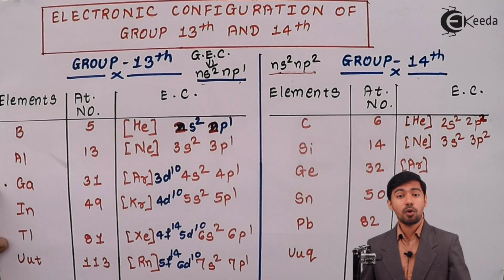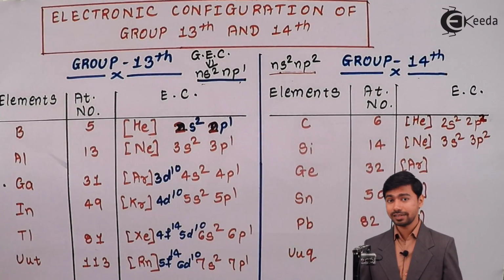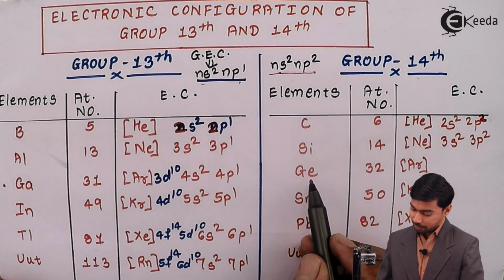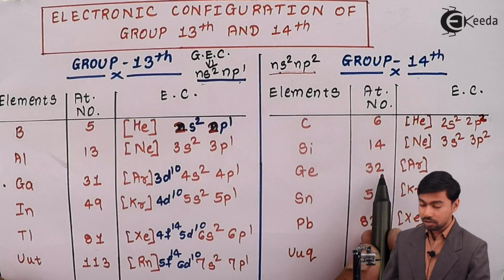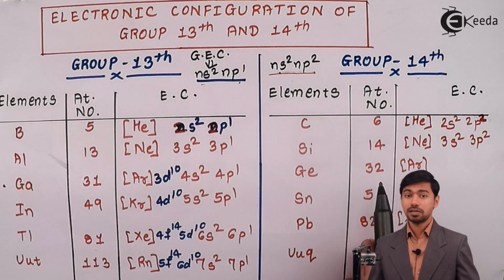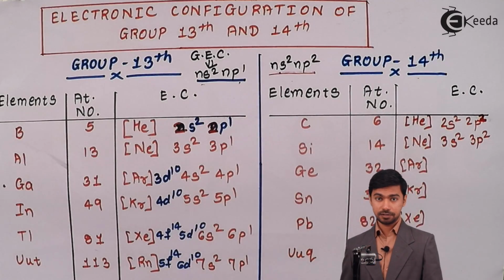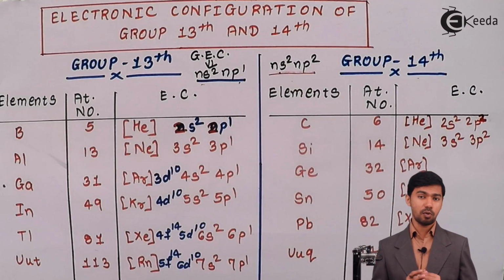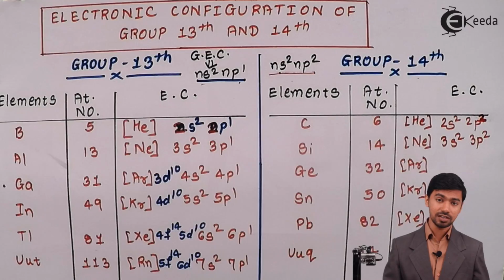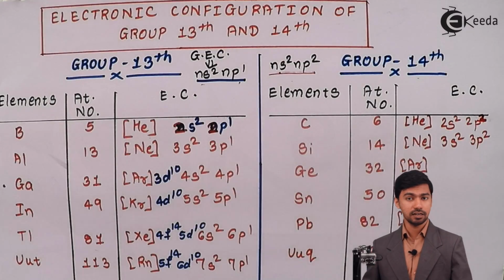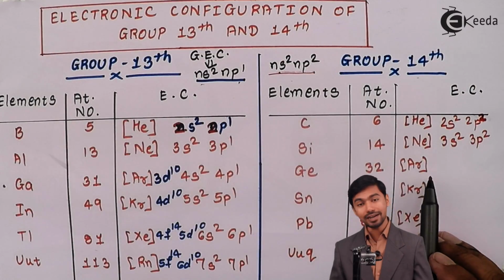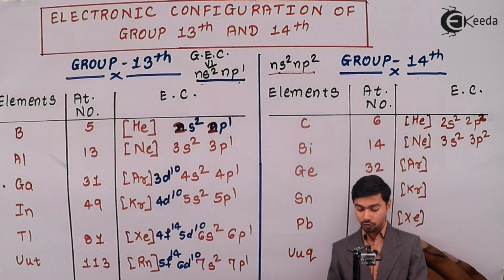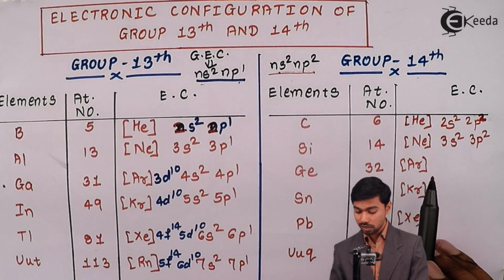So what kind of modification are we going to see again in group 14 also? Germanium has atomic number 32 and is part of the 4th period. So in the case of the 4th period, we always have to make some modification between the general electronic configuration and the inert core. The inert core we have already put there. That means for 32, what is the inert core?